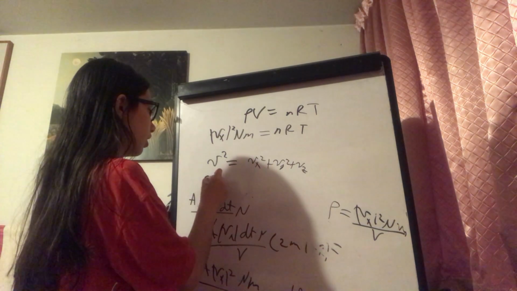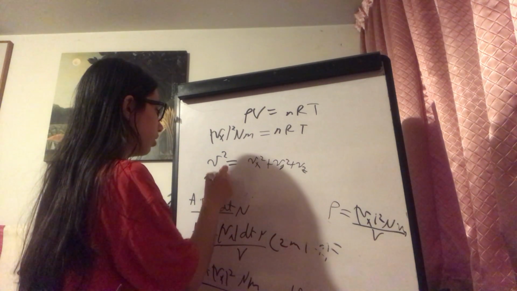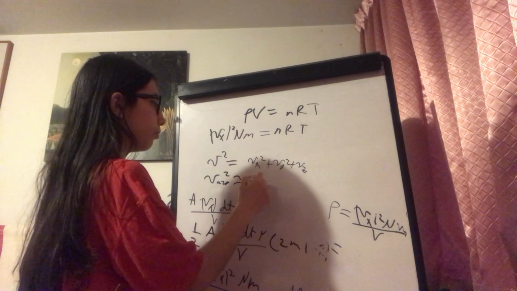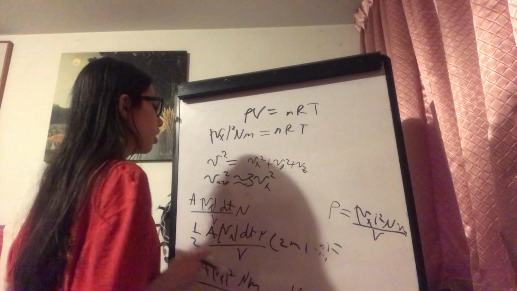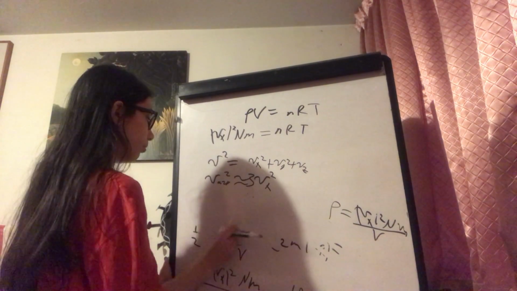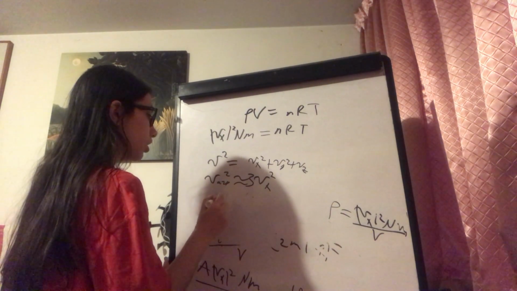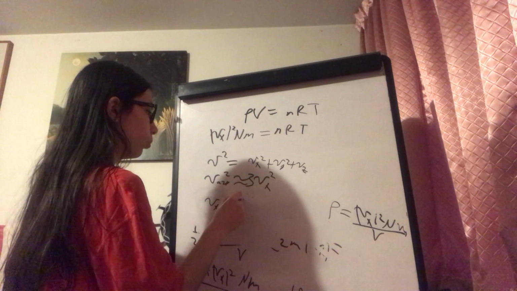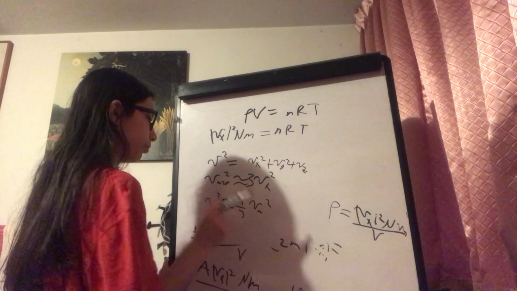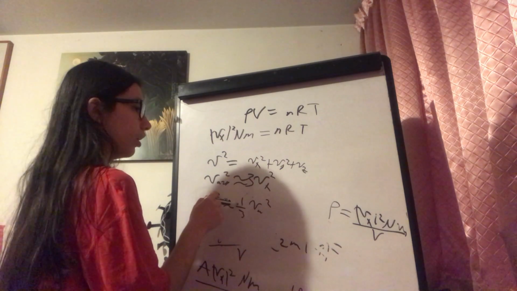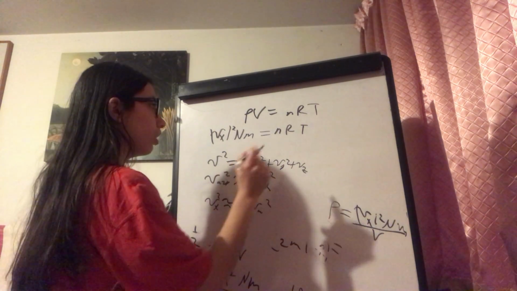So we can say that the average velocity squared is approximately 3 times the square of the velocity in x. So the velocity in x squared is approximately 1/3 of the average velocity squared. So we will substitute this here.